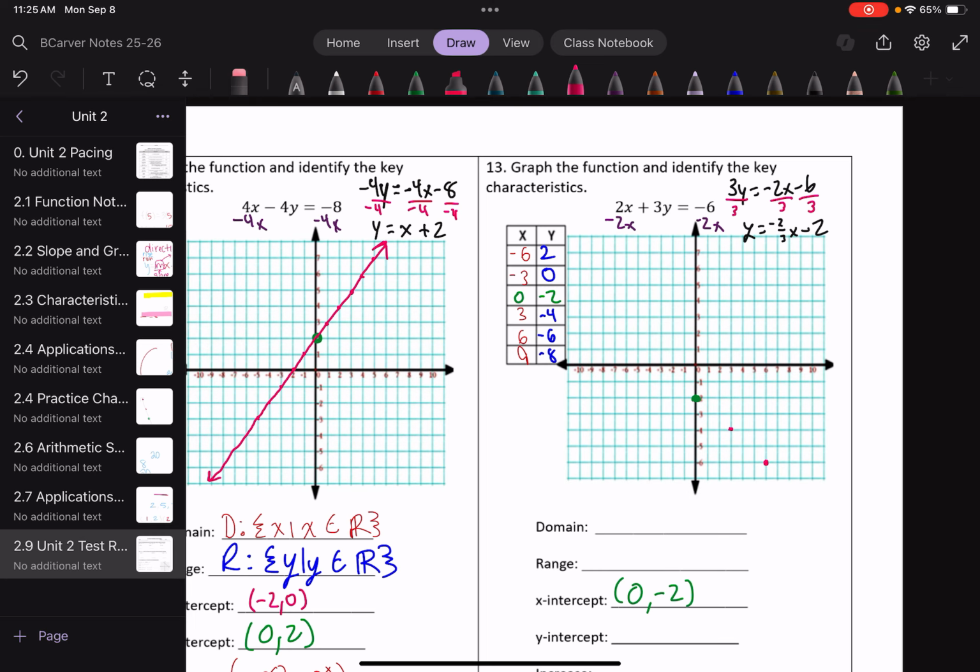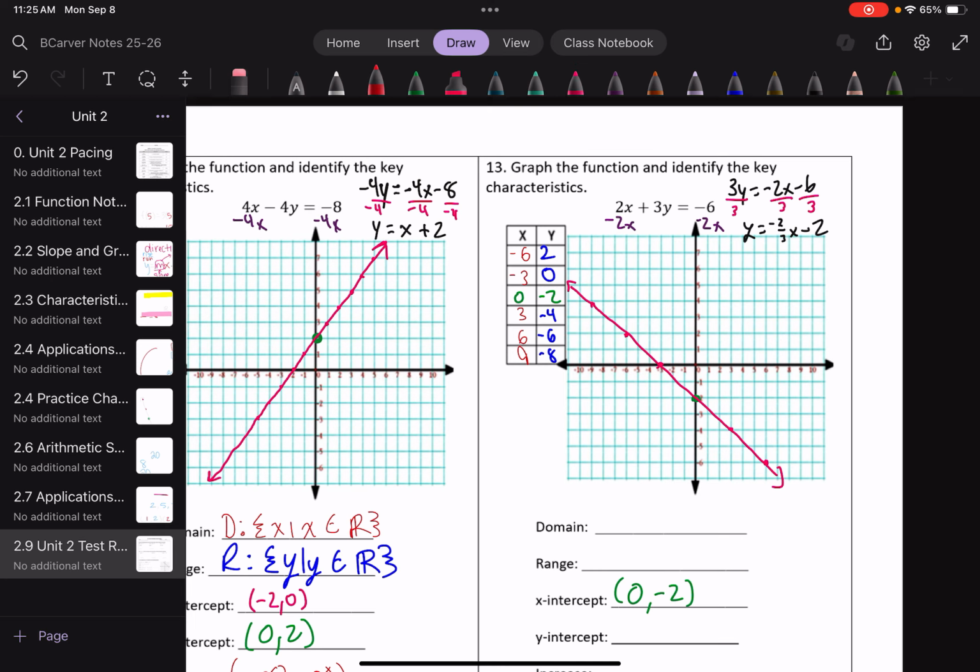Or I can go up 2, left 3. And if we look, our values do align. The ones that are in the table do align with what's on our graph.